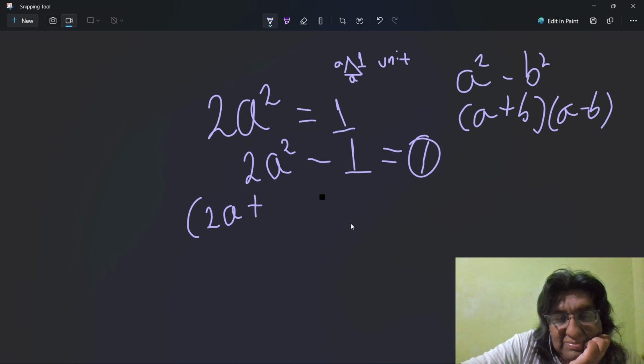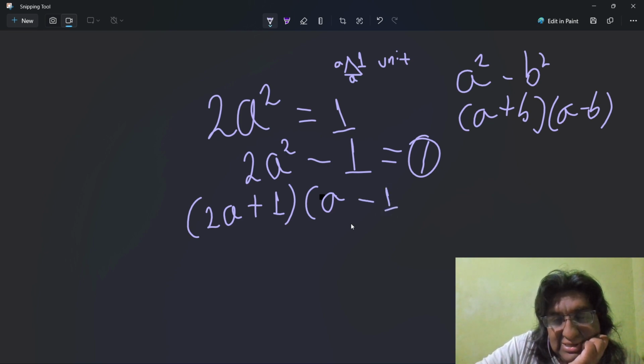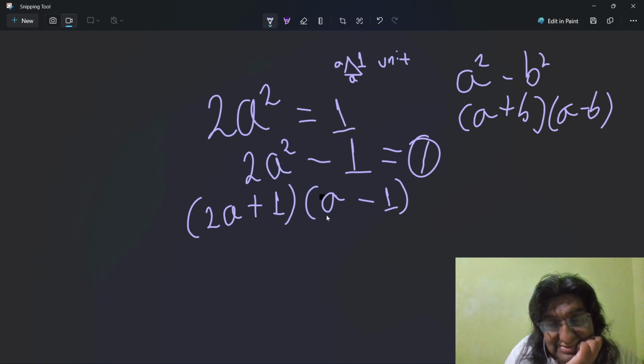You will state something like 2a plus 1 times a minus 1. And as you can see, you will have 2a squared minus 2a plus a minus 1 squared.